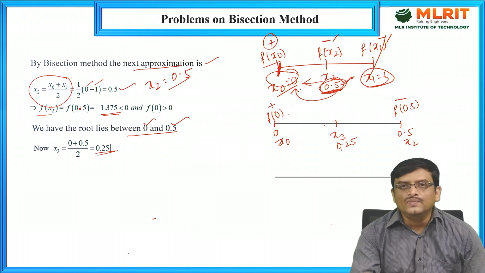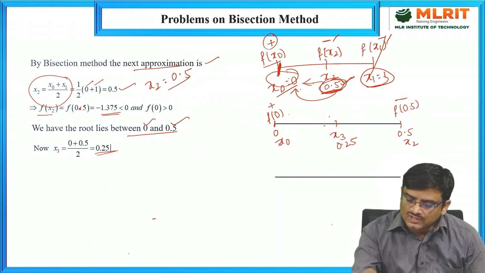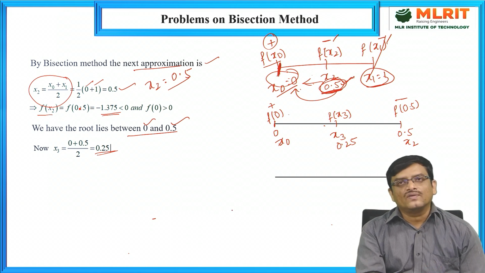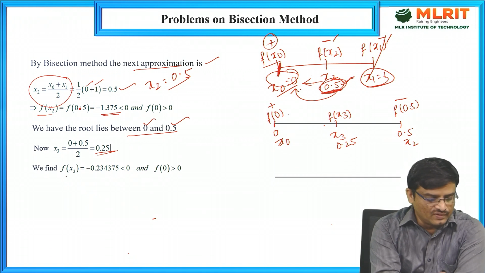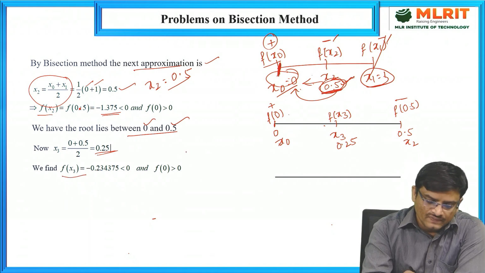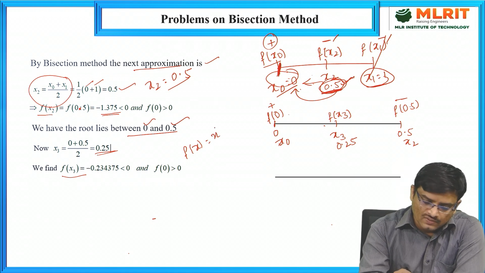Now immediately after getting that x3 value, you substitute that x3 value in the function. So f of x3. Now you check whether that f of x3 is a positive value or negative value here. We have the function f of x is equal to x cube minus 5x plus 1.